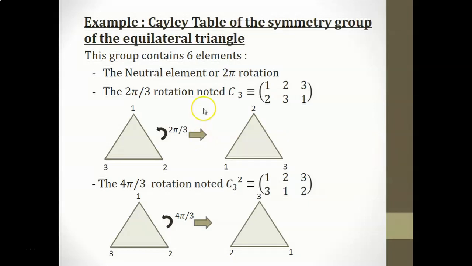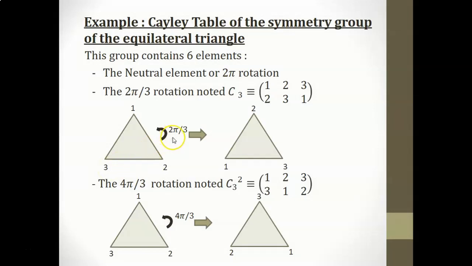As we saw before, this group contains 6 elements. The first element is the neutral element, or a 2 pi rotation. The second element is a 2 pi over 3 rotation that we will denote by C3. First, let's give an index to each of the vertices of the triangle. We will note by 1 this vertex, by 2 this vertex, and by 3 this vertex.